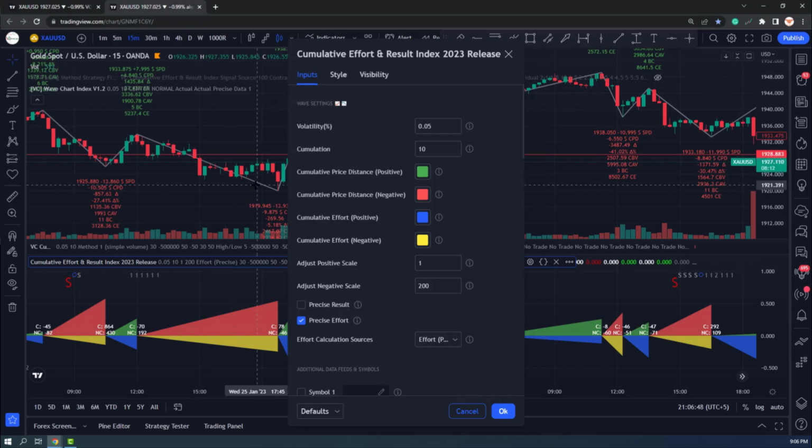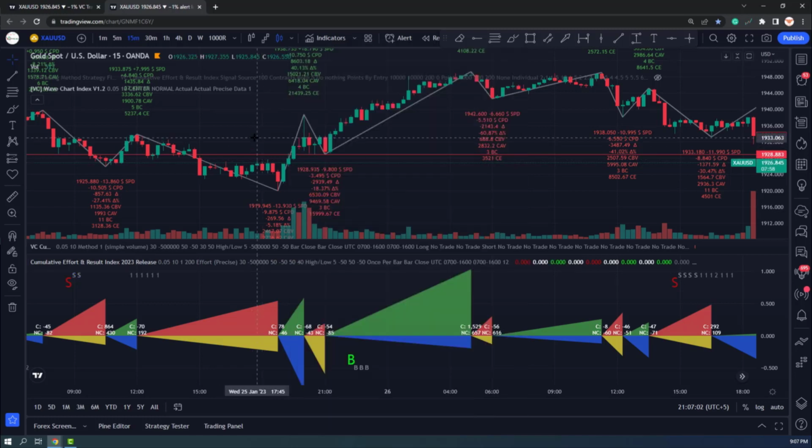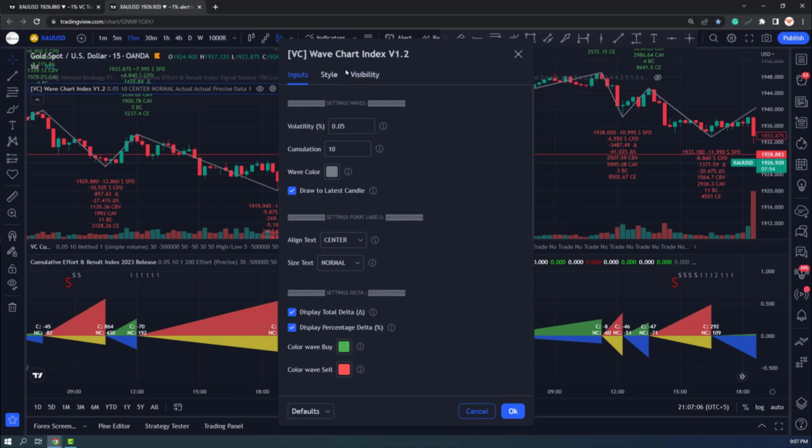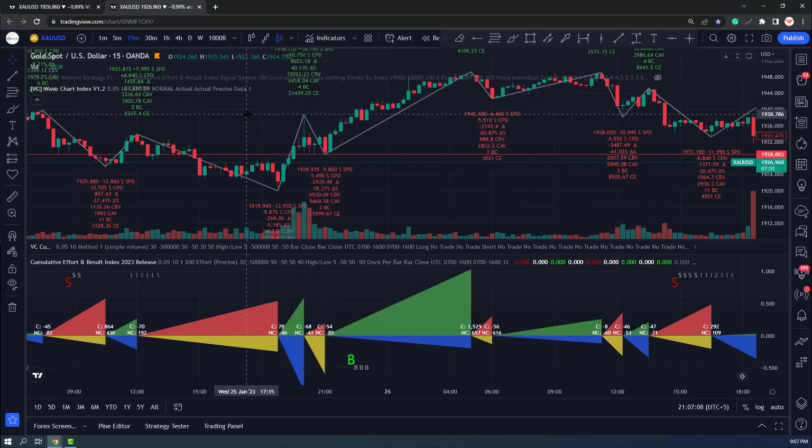Okay. I am not going to explain in detail the meaning of volatility and accumulation, because I have already covered it in our previous session. That belongs to the wave chart index. You can learn it from our class 1.